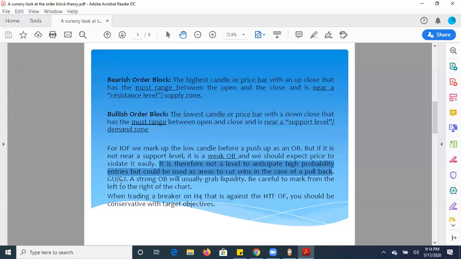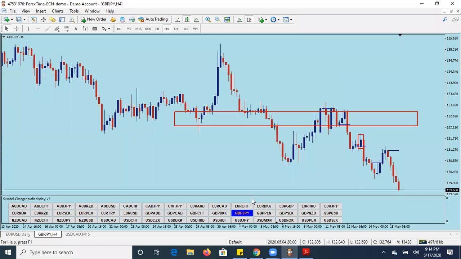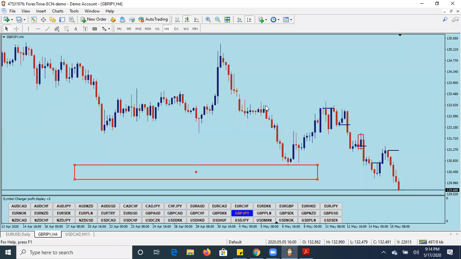And I've shown GU. Let's look at GJ. Let's see GJ on our chart. Right, so here we have GJ. By the definition we just gave now, you should be able to spot this as our strong order block and this as a weak order block, because this order block is leaving a resistance or a supply zone, right?